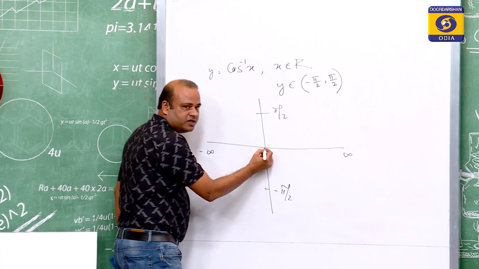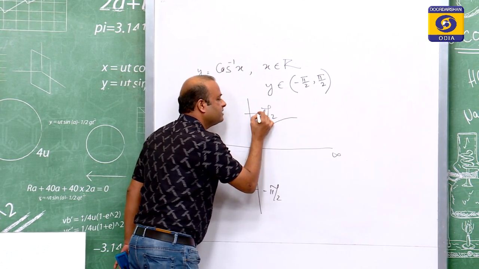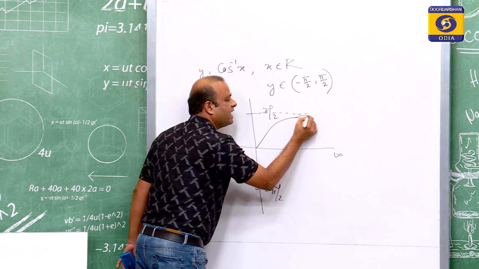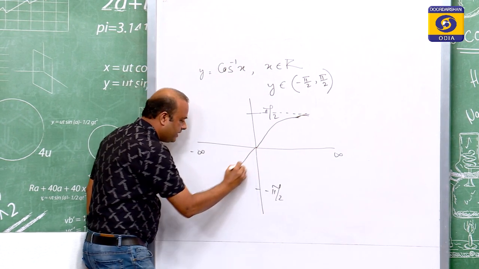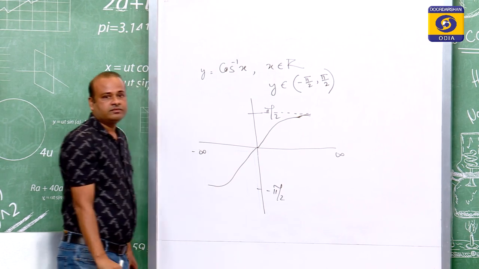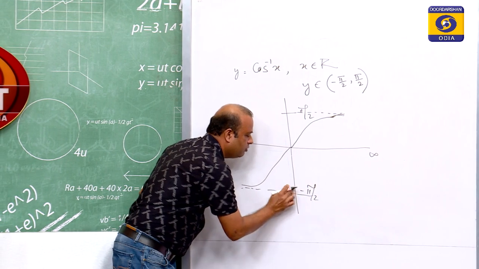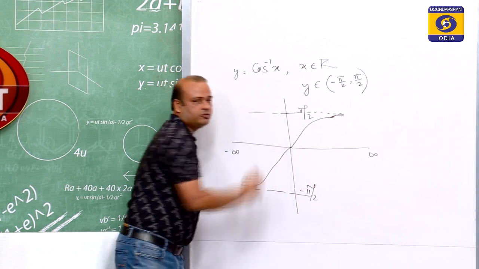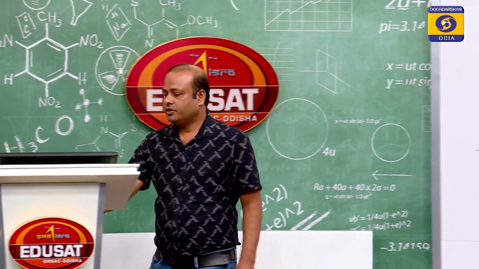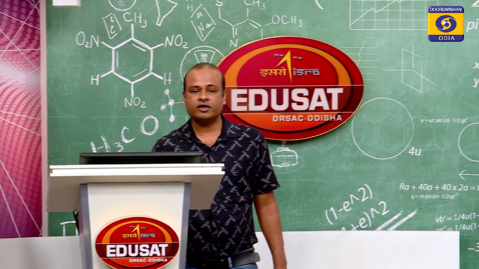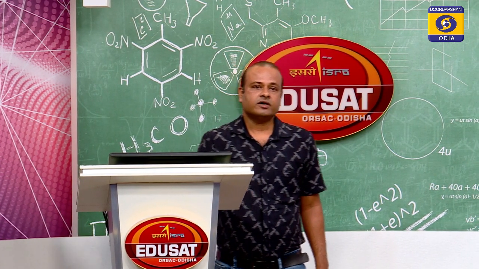So, the graph is like this, it gradually increases, but never touches this line because it will be infinity, and also it decreases like this, right. Here minus pi by 2 and here pi by 2. This is the graph of tan inverse x. You can see the graph of cot inverse x also, and sec inverse x and cosec inverse x.